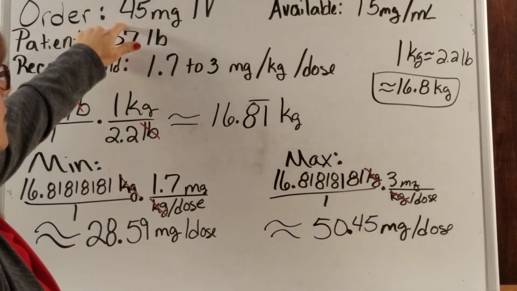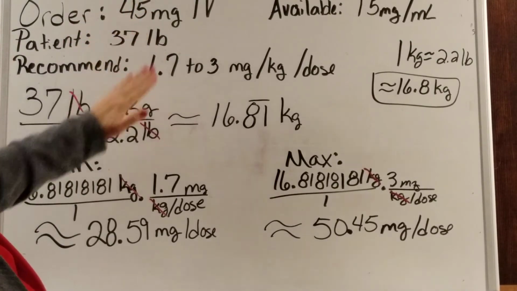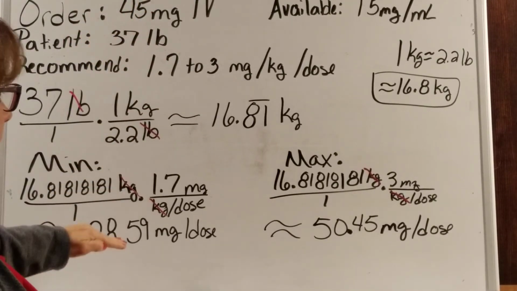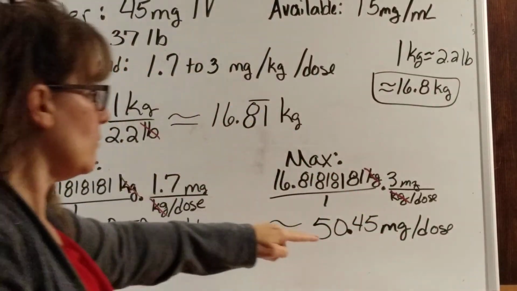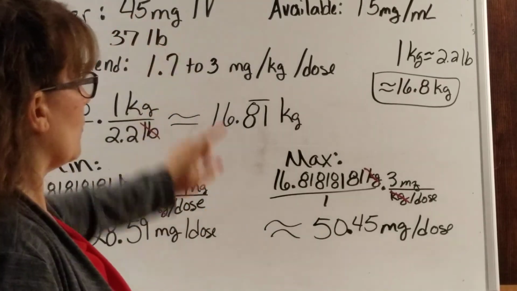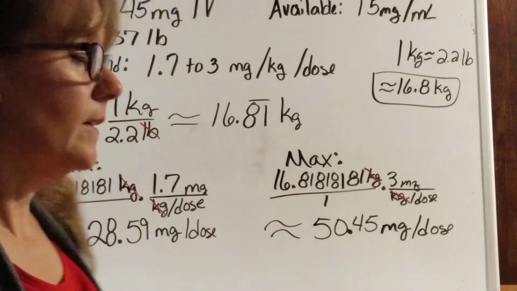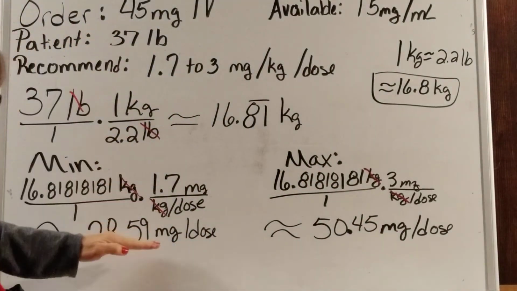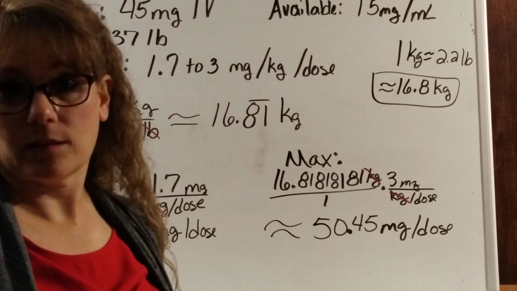If the dosage order from the prescriber is between 28.59 and 50.45, or equal to the maximum, then it's safe. But if this number was bigger than the maximum, then it's not safe. If this number is smaller than the minimum, it's safe, it just might not be effective.